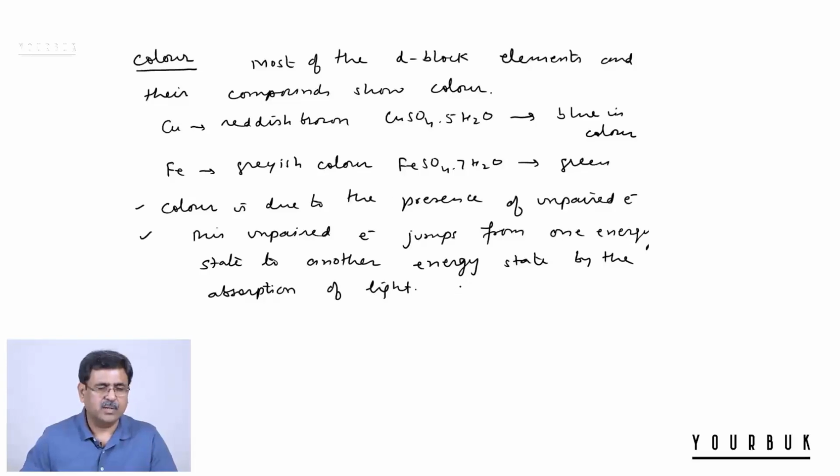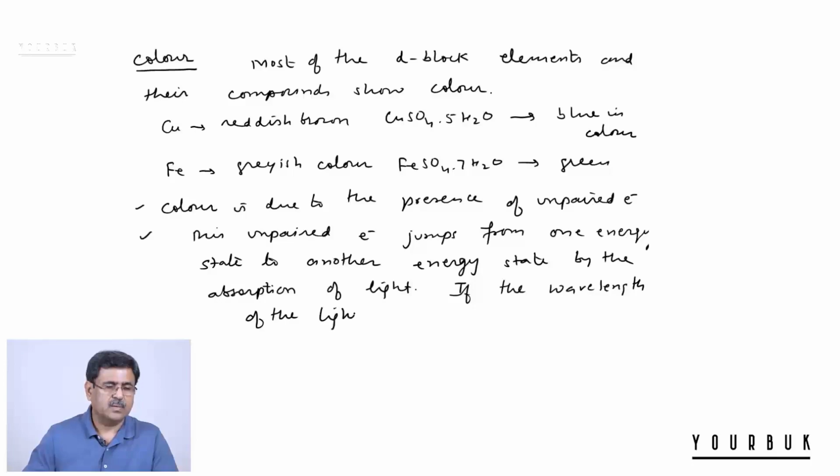If the wavelength of the light falls in the visible region, then we can see the color.